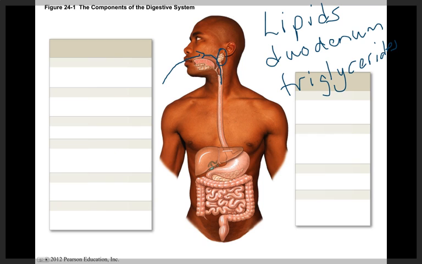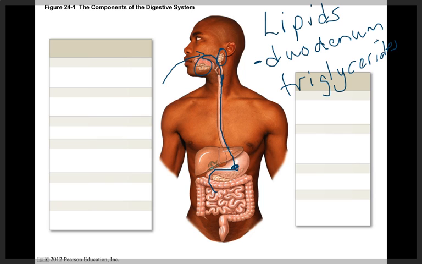There is some salivary lipase that will start to break down those triglycerides. But you swallow them, they get down into the stomach, there's no digestion in the stomach, and then finally they get into the duodenum. And so really digestion for lipids begins in the small intestine.